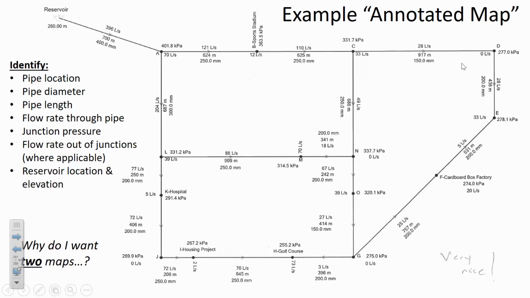There are practical reasons why it's advantageous to have a loop rather than a dead end, but let's assume that in this case the dead ends are just fine, and occasionally those lines would have to be flushed out if it was a real world scenario. If there's lines that dead end and they're not getting much use over time, you sometimes have to send the fire department to flush the water out of the hydrants, otherwise the lines can get clogged with sediment or iron and stuff. But any questions about the map or the next phase of the project?